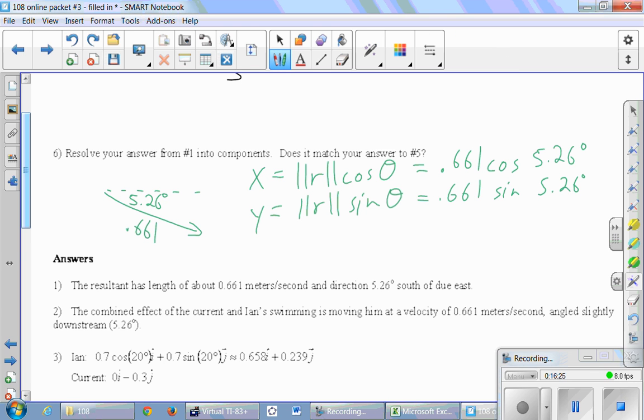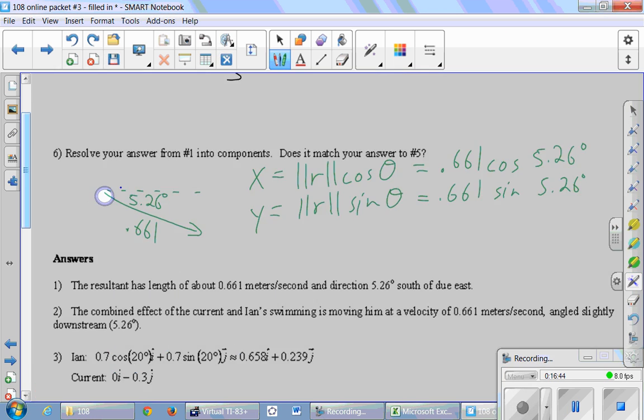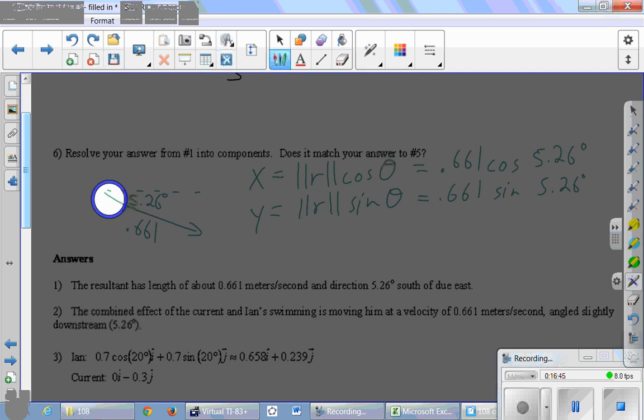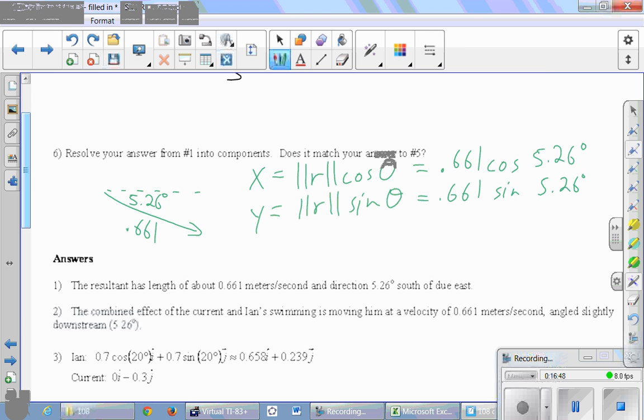The problem is that this 5.26 degrees is not in standard position. So if we want to write that as an angle in standard position, we'd have to say, oh, wait a minute, this was going clockwise from the positive x-axis, so this is really negative 5.26. And if you were a glutton for punishment, you could say, well, really, it's like 355 degrees going the other way. But why don't we just make it negative? So we'll put a negative sign in a different color there.